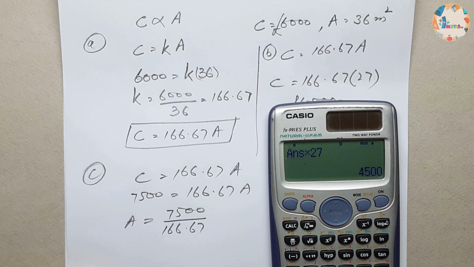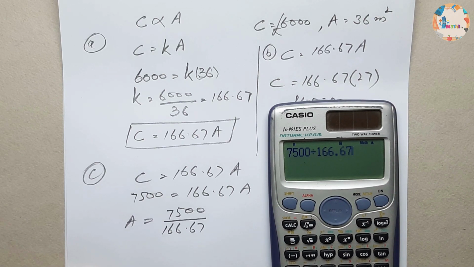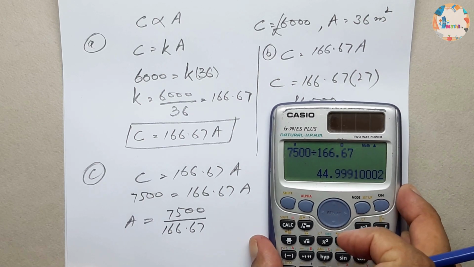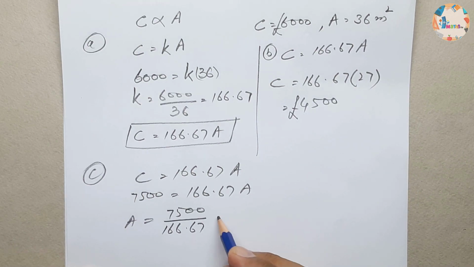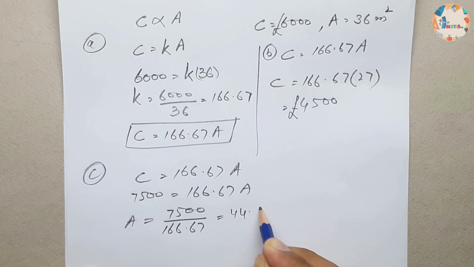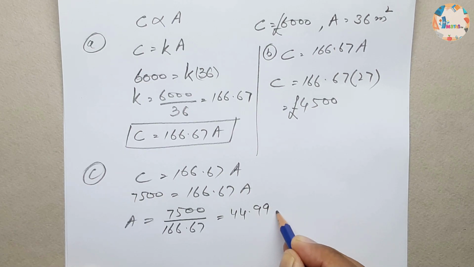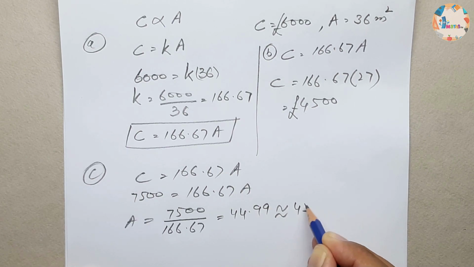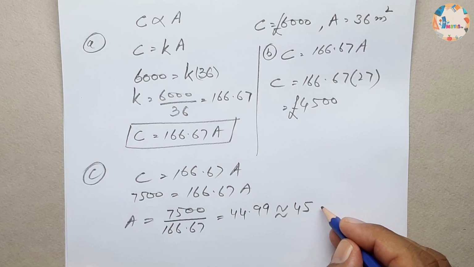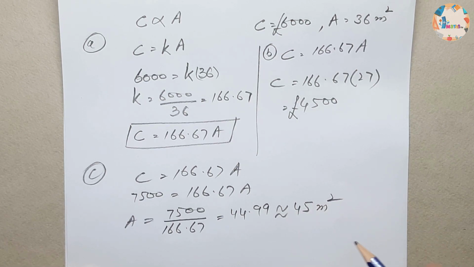So we can simplify 7,500 divided by 166.67. This will be equal to 44.99, or we can write it as 45 meter square will be the answer to this question.